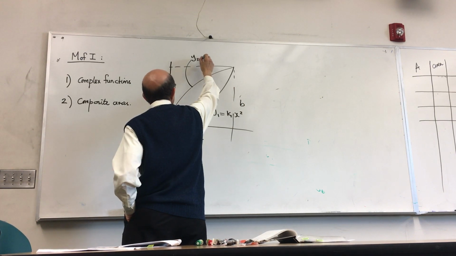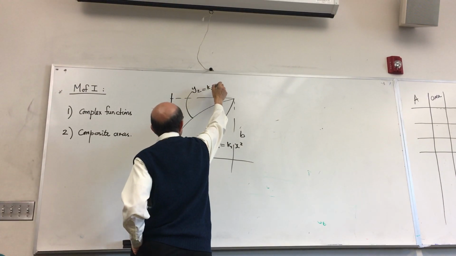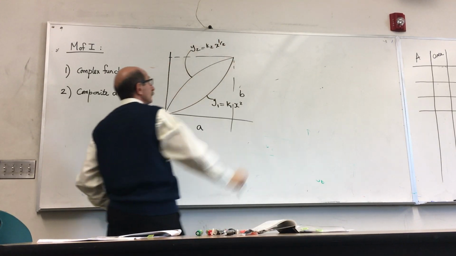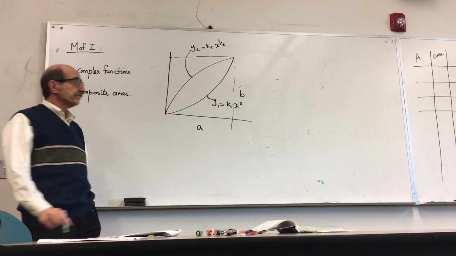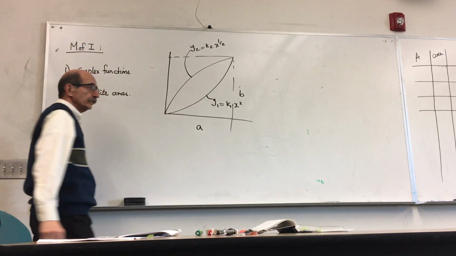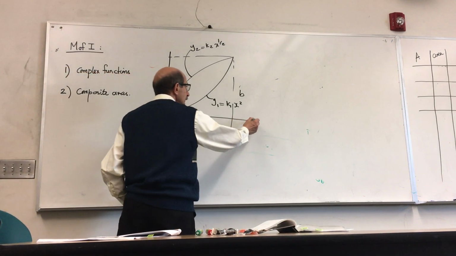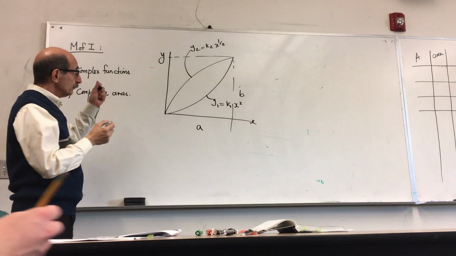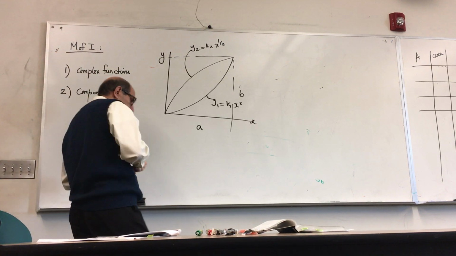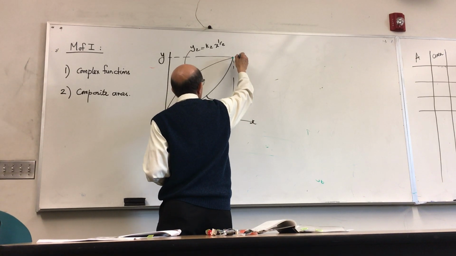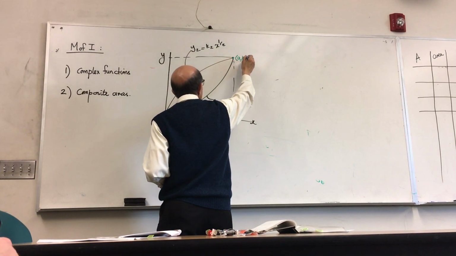This one was K2 X to the half, something like that, okay? So we want to find the moment of inertia of this shape about X and Y axes. First, let's find those constants given the coordinates of this point that is given, at A and B.